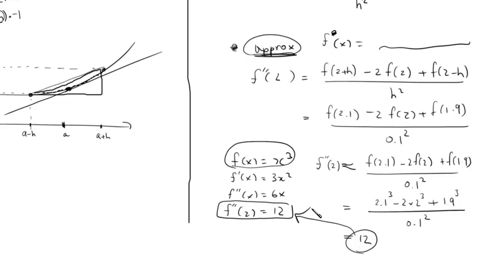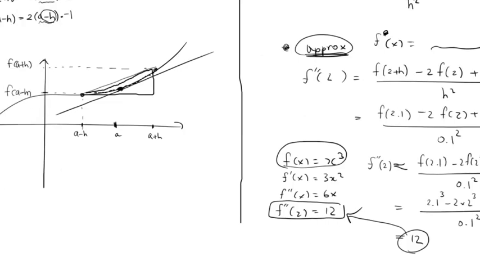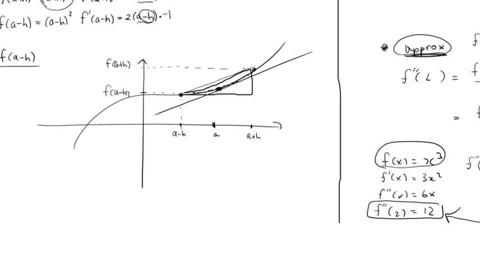Now let's move on a little bit. The question is saying approximate f double dash of a, if f of a equals 3, f of a plus 0.1 equals 3.10, and f of a minus 0.1 equals 2.92.